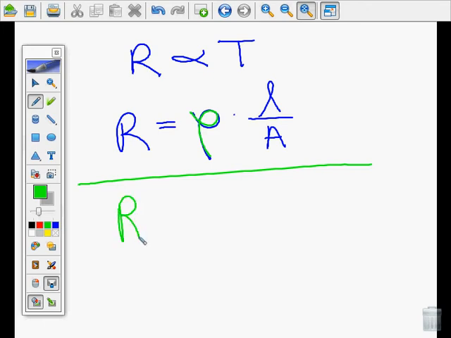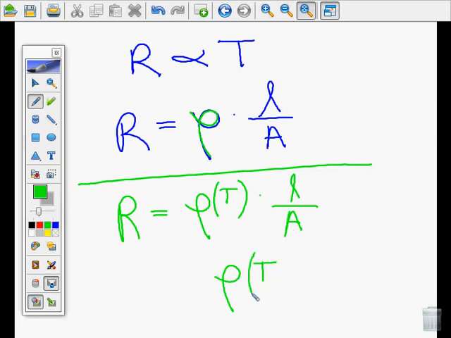So basically, it's really something like this. The overall resistance is equal to the resistivity, which is a function of temperature. You know how there's x and then there's f of x? Well, the resistivity, which is a function of temperature, times the L over the A. And then it's a more complicated formula for that function.